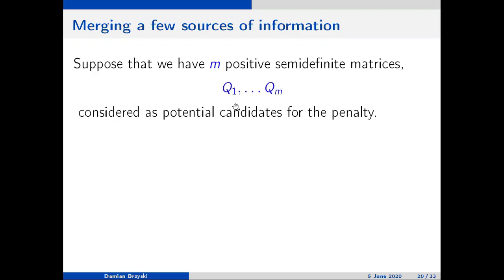So one represents structural connectivity information, and the second one may represent the functional connectivity information, and for example, the third one may be just set as identity matrix, because you also want to have a chance to go in the direction of ridge.